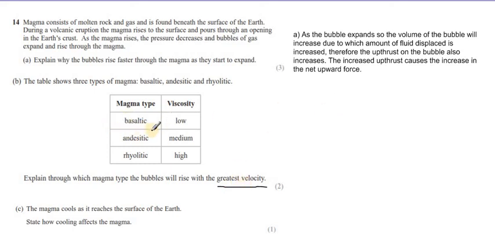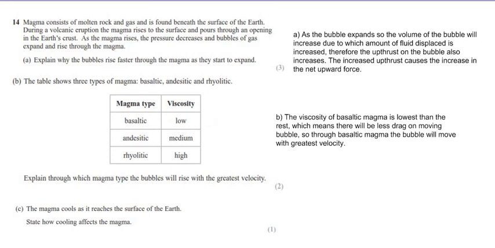Clearly basaltic has lower viscosity than the others. Low viscosity means less drag, and less drag means greater velocity. So you can write: the viscosity of basaltic magma is lowest, so the drag is less, so the velocity is more.